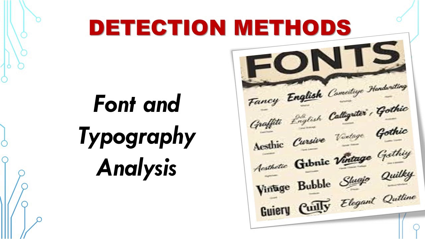For example, if Comic Sans MS is identified on a document, and because this was released in 1994, if you're able to get it on a document dated 1993, then that's a pointer to a fraudulent document.